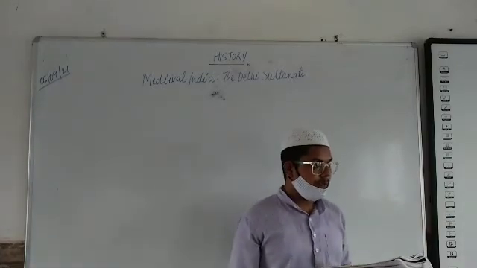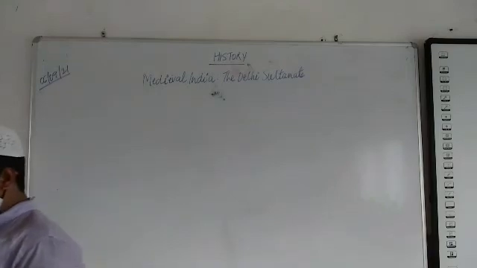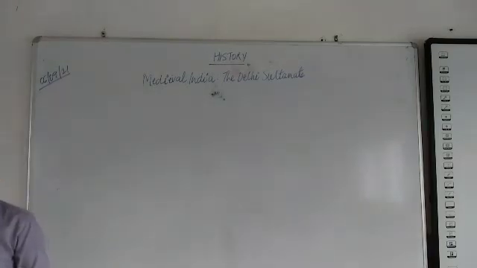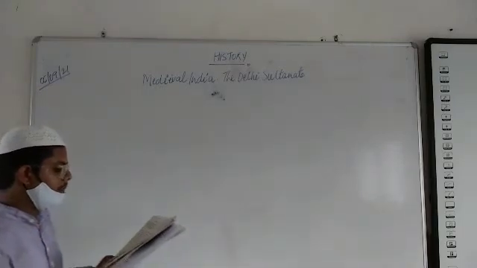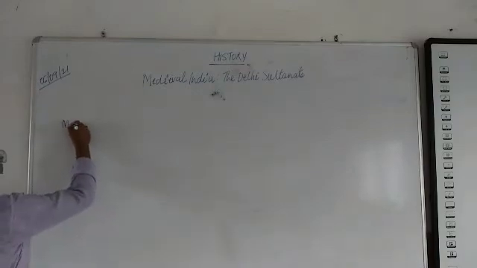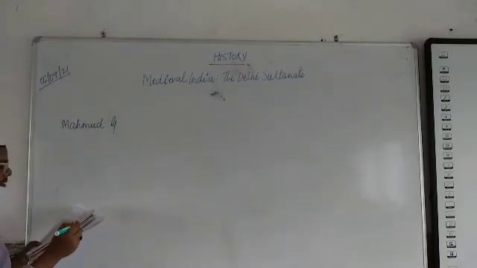Who has occupied them? In the 11th and the 12th century CE, the Muslims under Mahmud Ghaznavi and Muhammad Ghori invaded India. So they were the Muslim leaders, Mahmud Ghaznavi and Muhammad Ghori. Muhammad Ghori visited India several times.